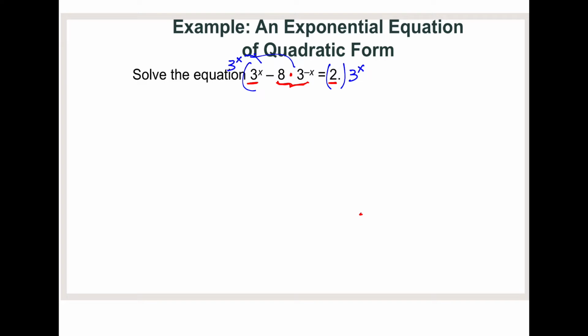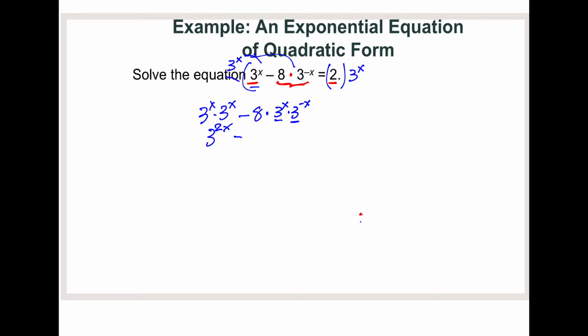And so that is 3 to the x times 3 to the x for the first multiplication here. That's 3 to the 2x. And then we have minus 8 times 3 to the x times 3 to the minus x.